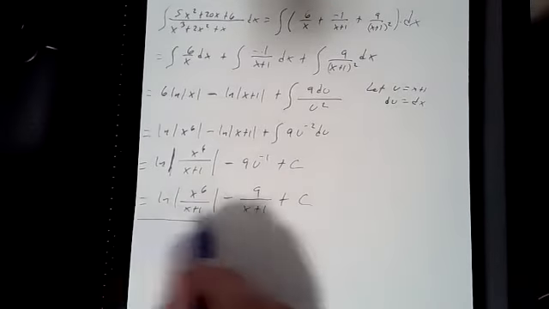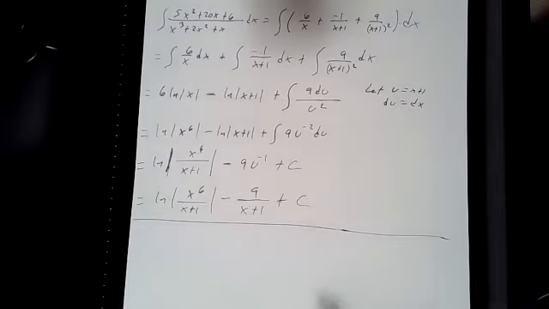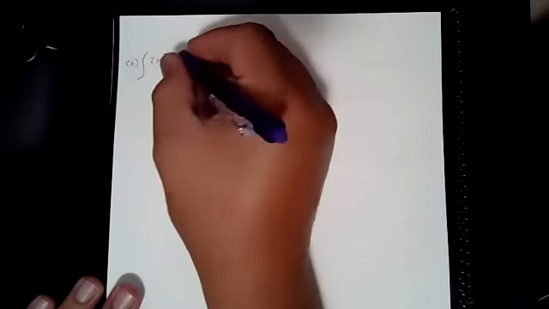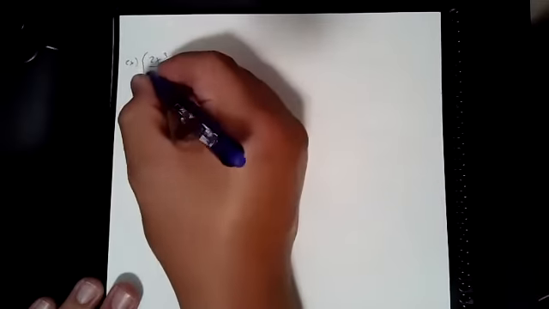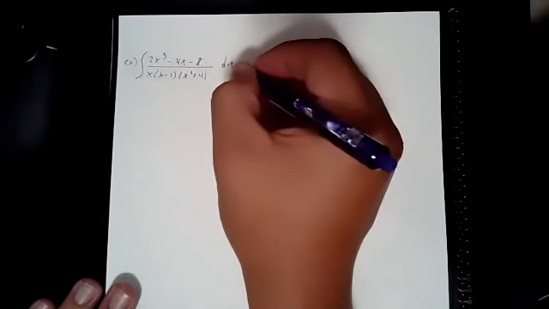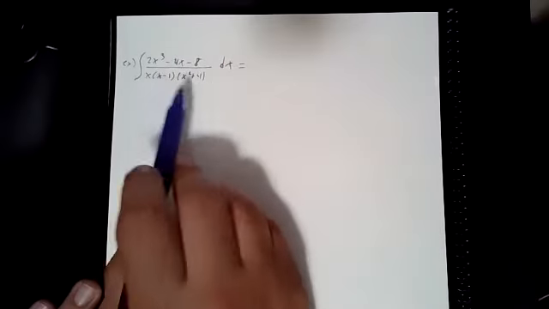Okay. Let's look at another one. Okay, integral of 2x cubed minus 4x minus 8 over x times x minus 1 times x squared plus 4 dx, which is equal to, if we just do the partial fraction, this is the question, right?